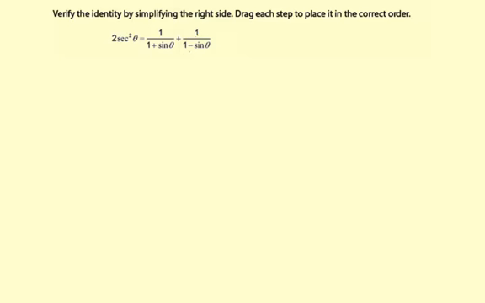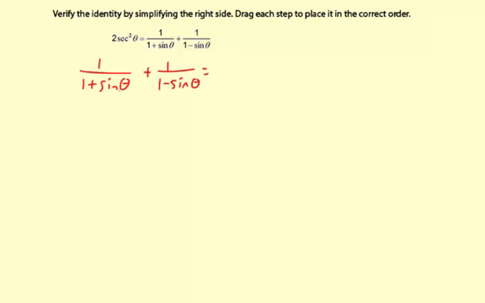So what we need to do is combine these two fractions, and before we can do that, we need to make common denominators. So this 1 over 1 plus sine of theta plus 1 over 1 minus sine of theta.